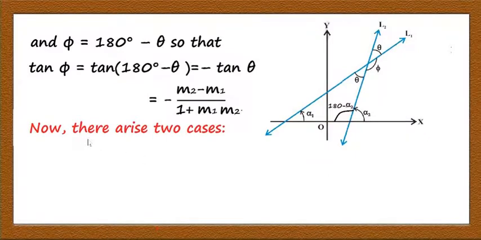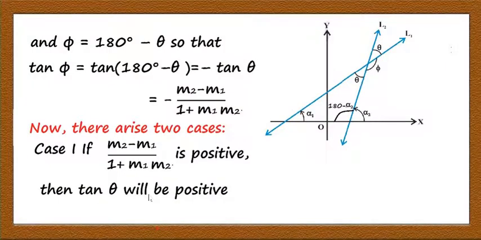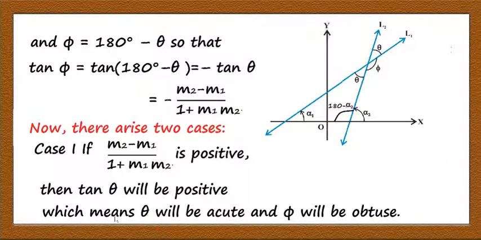Now we have two cases. If m2 minus m1 divided by 1 plus m1 m2 is positive, then tan theta will be positive and theta is an acute angle, and if theta is acute, phi will be an obtuse angle, because phi is 180 minus theta, and 180 minus an acute angle is definitely obtuse.